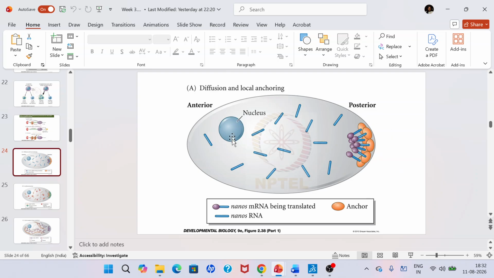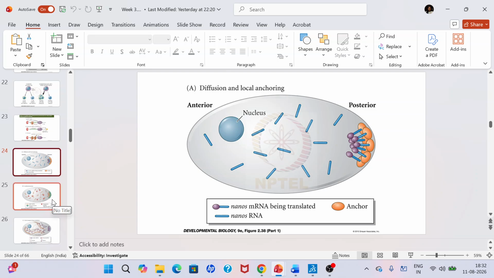In the anterior they are generally repressed. In posterior only they show the expression, so they generally diffuse to that part and can show the expression there only. In other parts it is inhibited. So this is just to show how localization of mRNA also is differentially expressed, and how in the same cell, where they are localized actually matters for their expression.